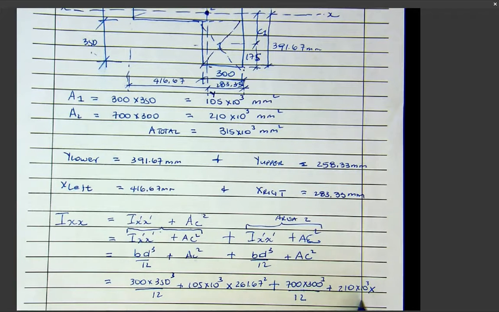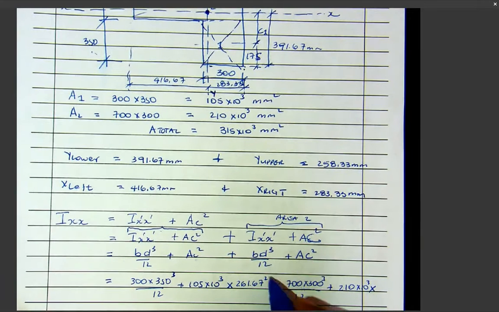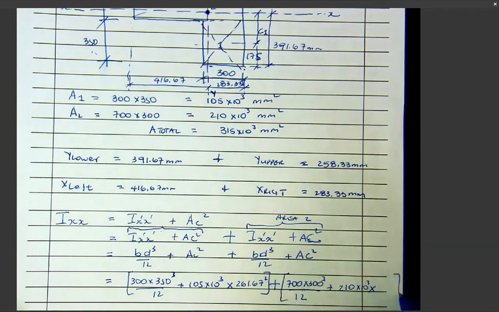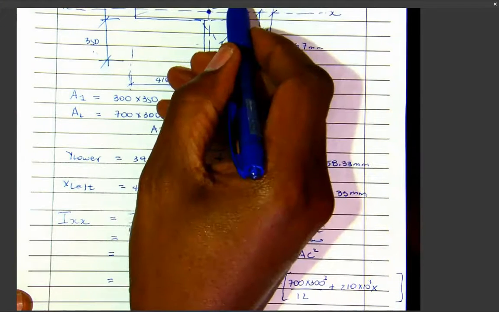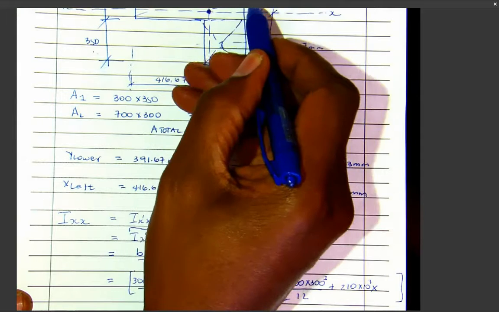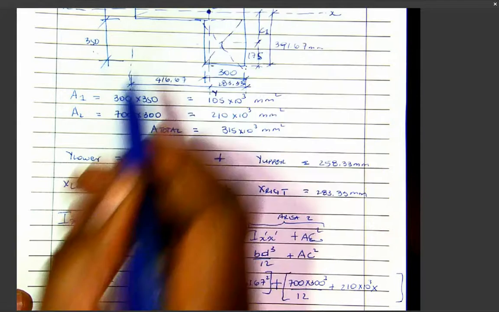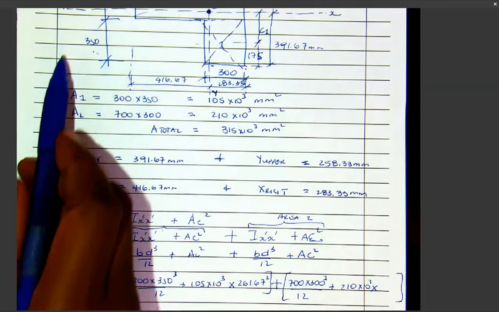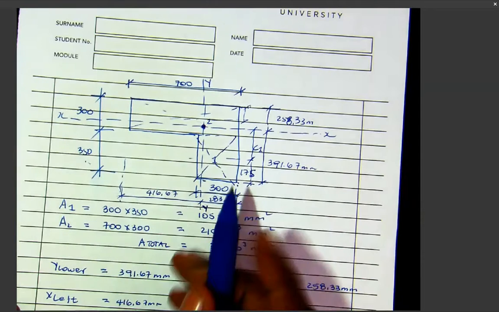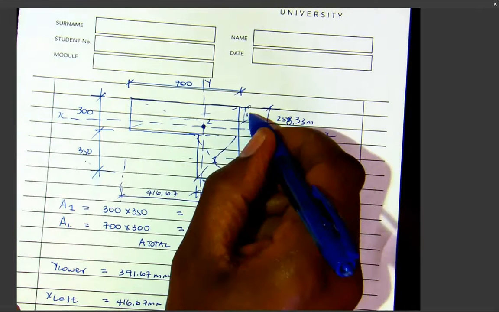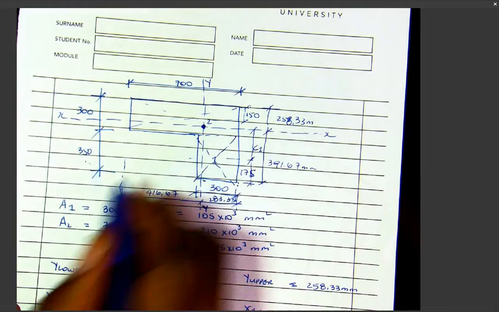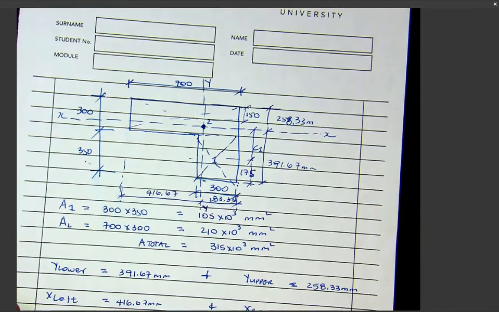Let's look at C for area 2. Remember, this is all area 1. Let's look for C for area 2. I'm going to take my y up. I know the distance from there to there is half of 350. The distance from the center of that area to there is half of 300, which is 150.